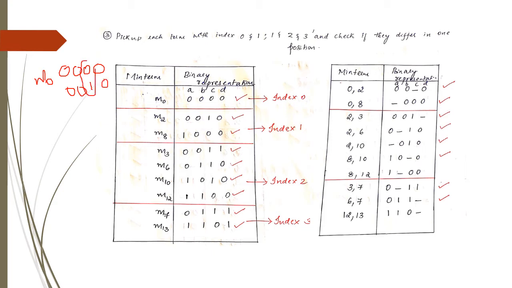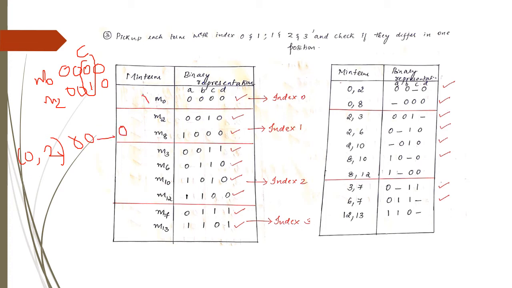Between M0 and M2, corresponding to C, you have a 1 bit change. So what you have to write? You have to write the combination as 0, 2, and the corresponding binary representation as 0, 0, dash and 0.